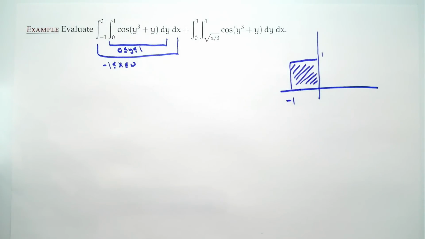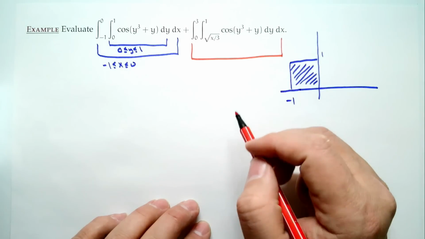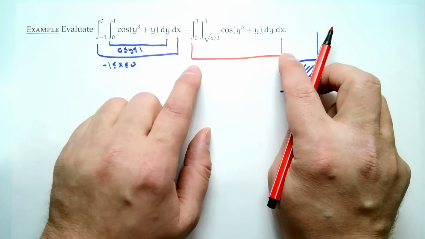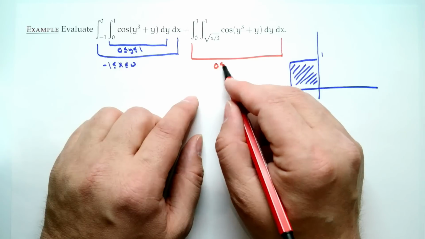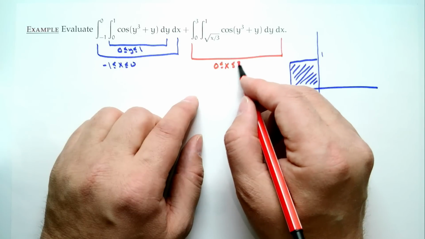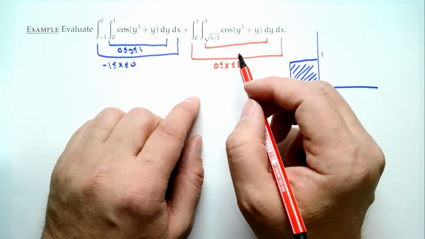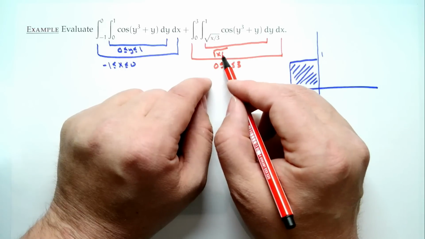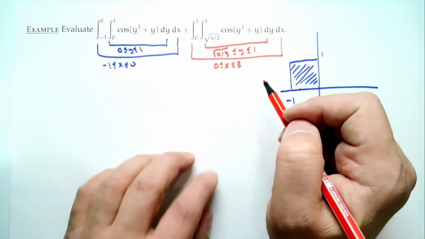All right, now the second integral, let's do that. Well, what can we say about x? X goes from 0 to 3. So 0 less than or equal to x less than or equal to 3. Where does y go from? Well, it goes from this function, square root of x over 3, less than or equal to y, less than or equal to 1.